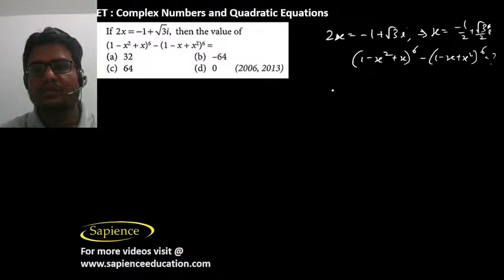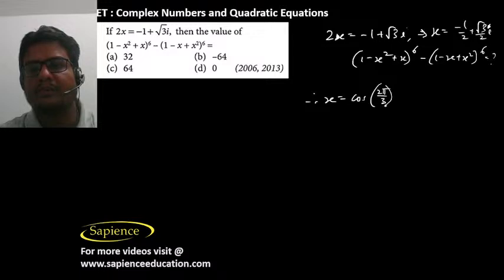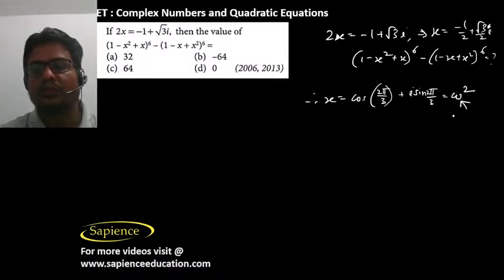So therefore x we can write it, in the polar form, as cos 2 pi by 3 plus i sine 2 pi by 3, which is equal to omega square, one of the cube roots of unity.